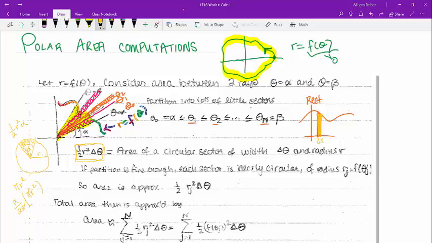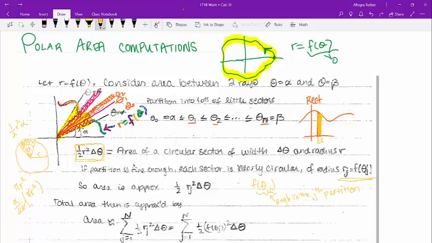If I add those all up, the value of the radius on each of these, the r squared I'm going to use because it's a polar curve, is f of some angle within there, so maybe it's the right-hand endpoint. But it's f of some theta j, where theta j is an angle in the jth partition of the interval, and that's what I've written right here.